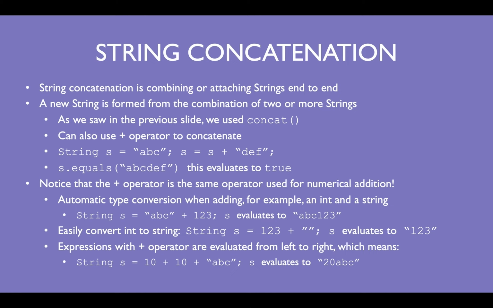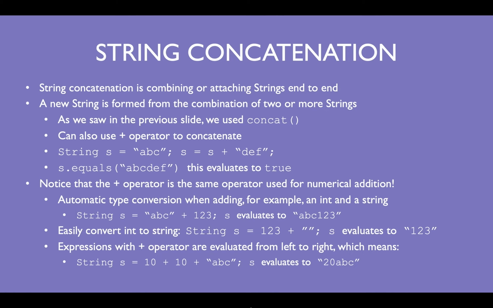And another thing is that expressions with the plus operator are evaluated from left to right, which means that, let's say we have this expression here, string s equals 10 plus 10 plus ABC. First the compiler will evaluate 10 plus 10 as if it was an integer addition, and that just results in 20.